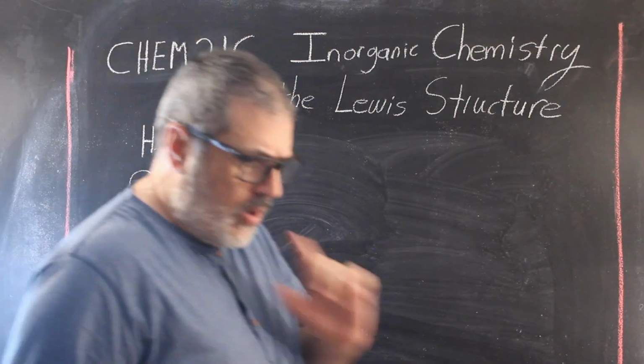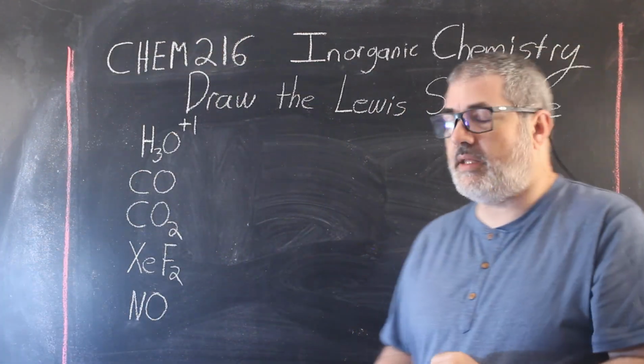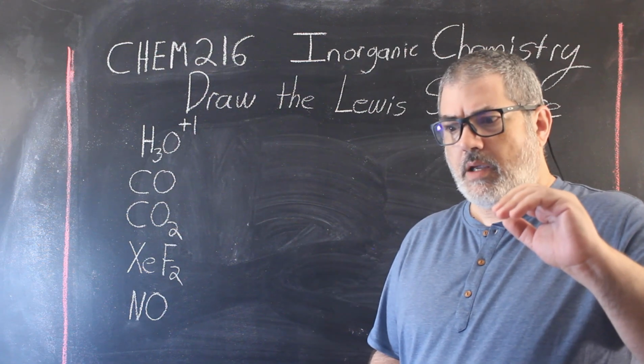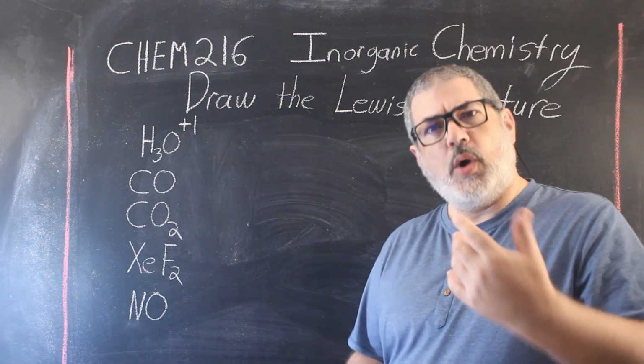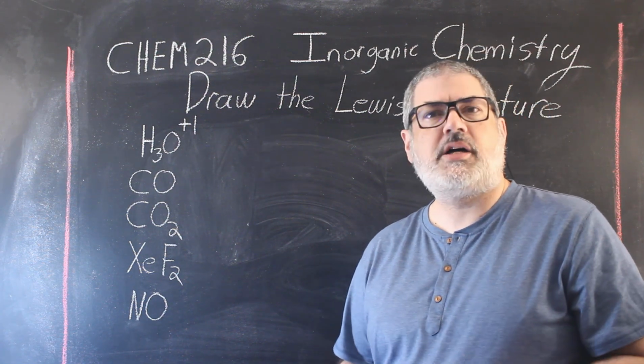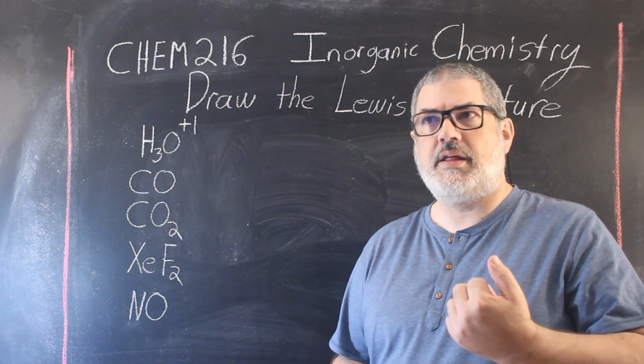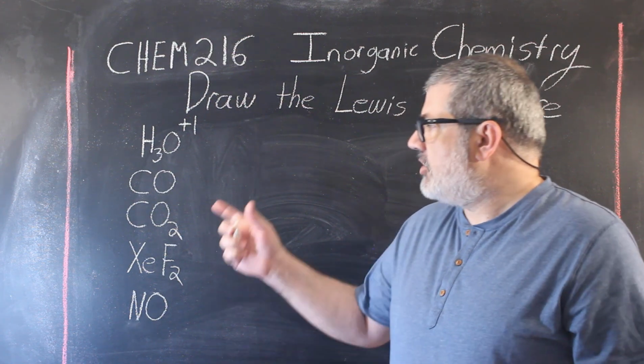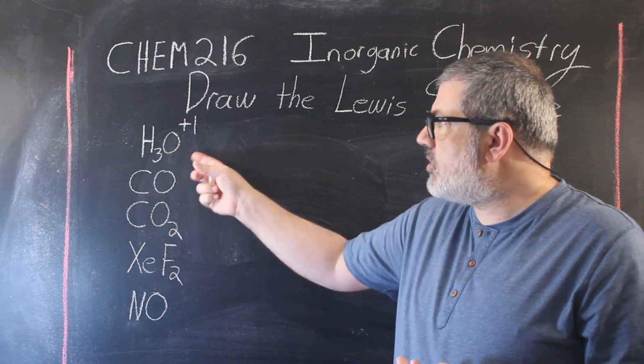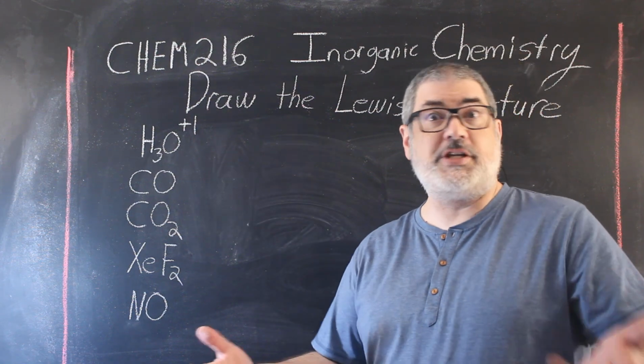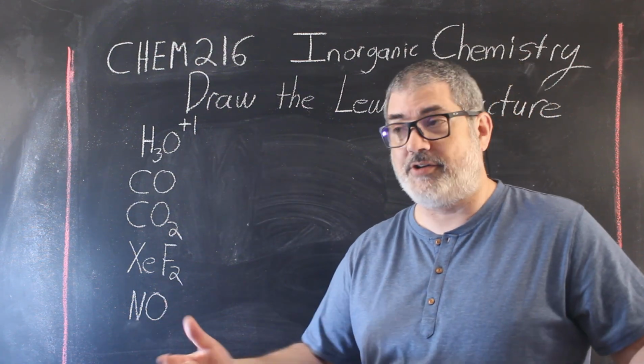Now again, before I start going through some of these, why? We're going to be focusing a lot of our time on the D block elements. So why is it so critical to know Lewis dot structures? Because the D block elements don't use Lewis dot structures.